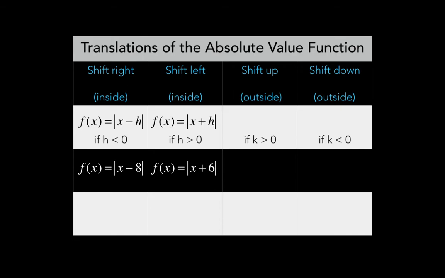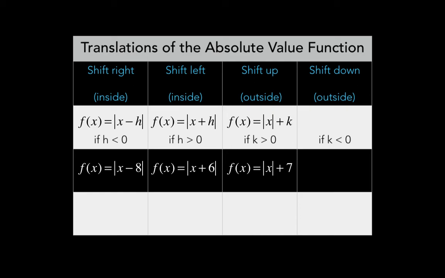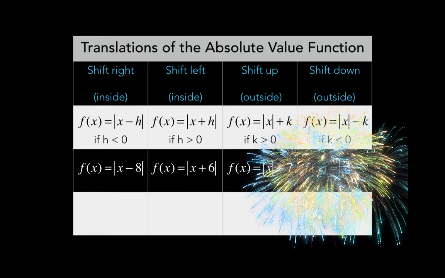Now, shifting up, moving your absolute value function up, occurs when you add something outside of your absolute value. And if it's a positive value, it will move it up. So this function here would be moved up 7 units. Now, if you subtract something outside of the absolute value, then it's going to move down.